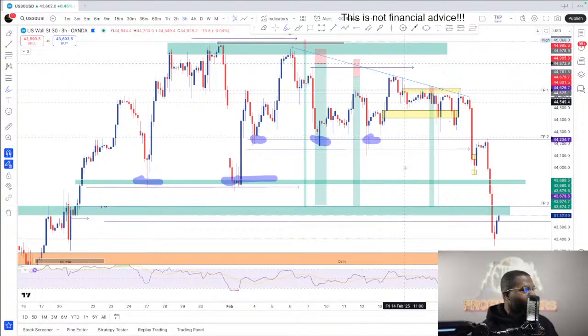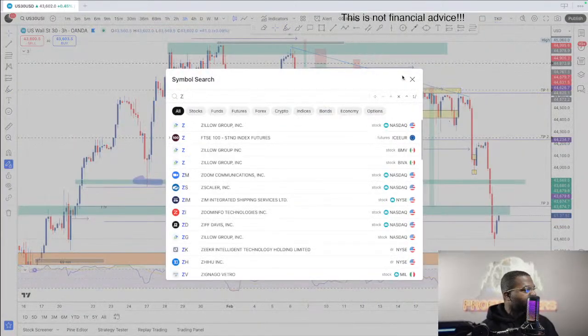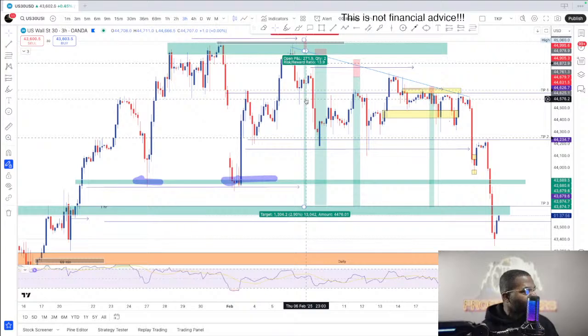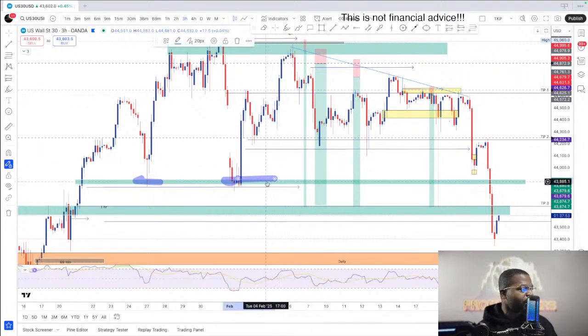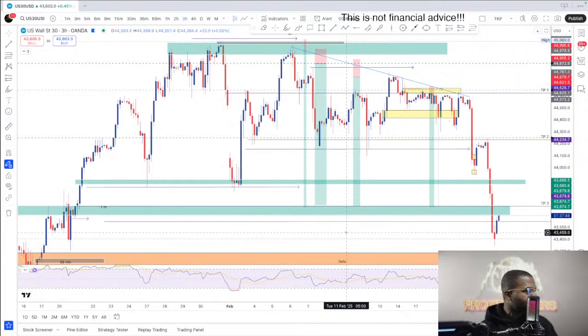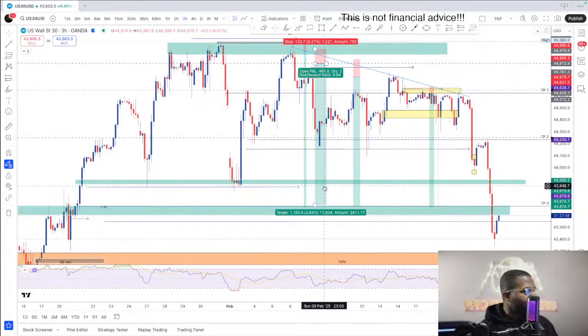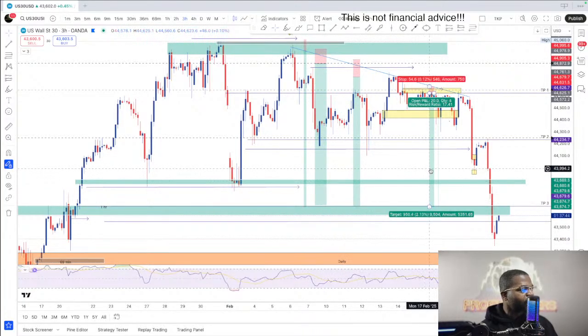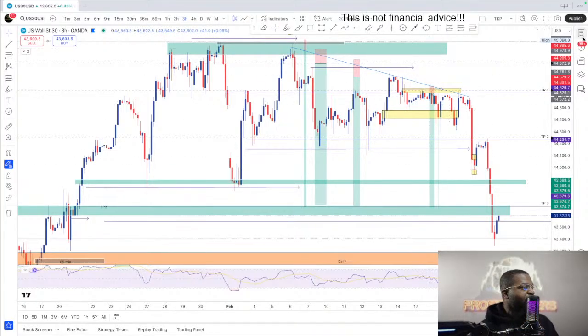And that gave me a 1 to 13 sale on US 30 from the highs from my first entry. 1 to 9, a 1 to 7, and a 1 to 17. And again, we did all of this live on US 30.